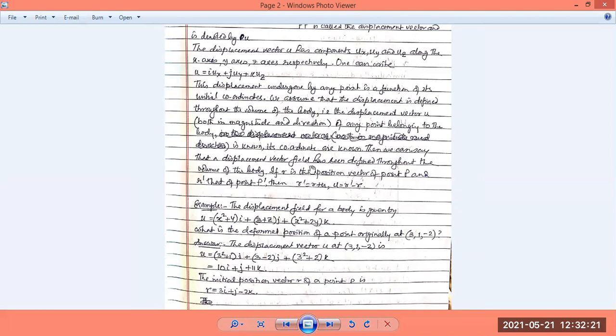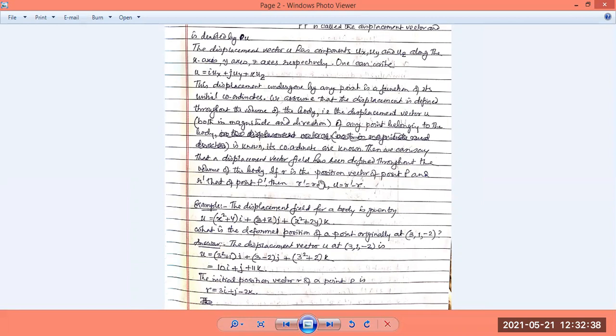If the coordinates are known, the displacement vector is defined throughout the length of the body. So we should have both: we should know the displacement vector and we should know the coordinates of its ends. Then you can use this for any point throughout the length of the body.